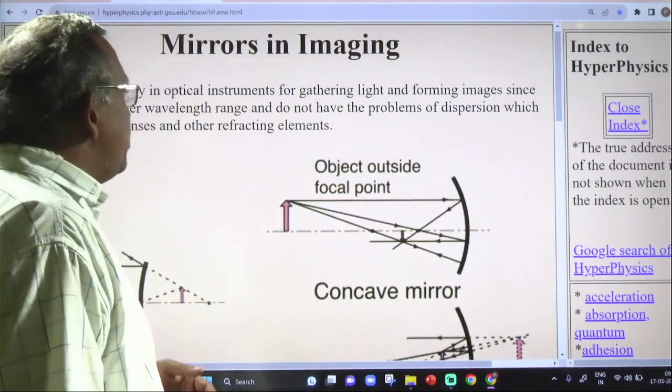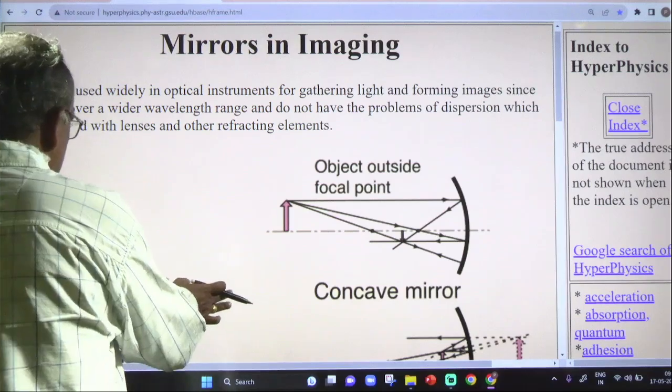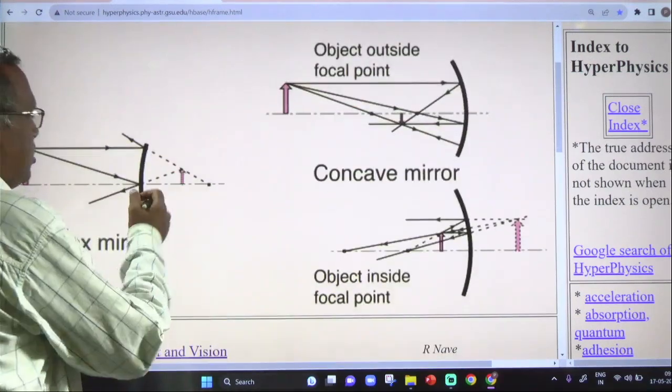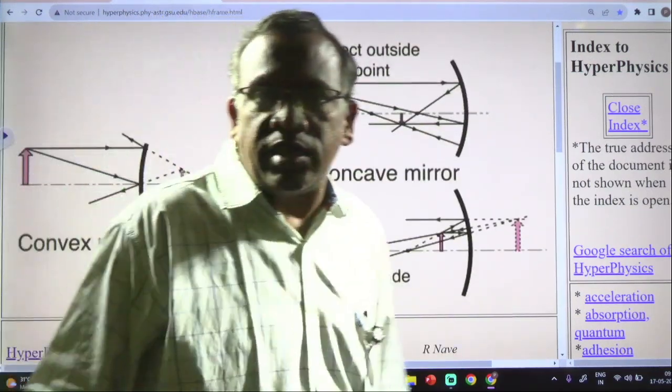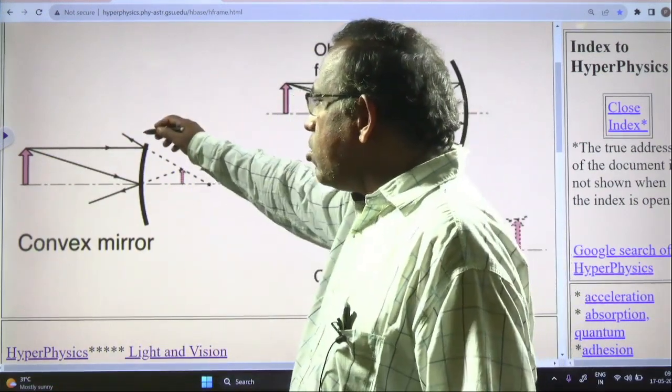For the reflection phenomenon, take a convex mirror. What is a convex mirror? This is the convex mirror.